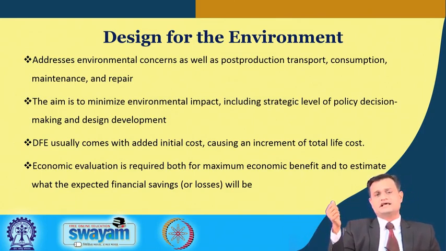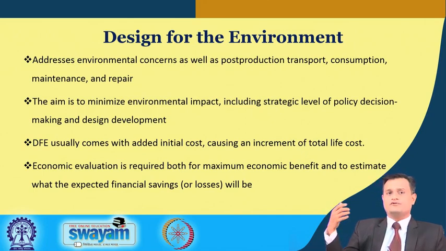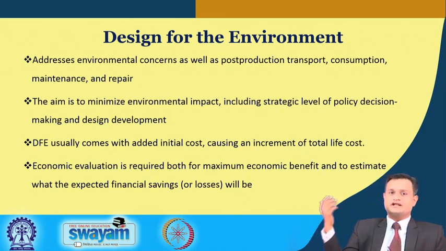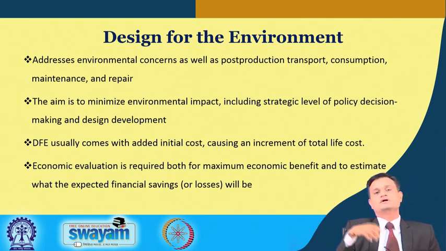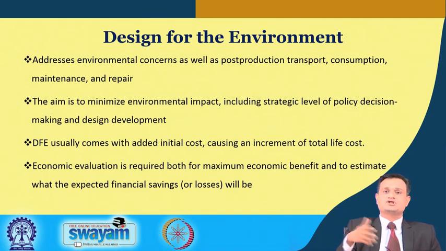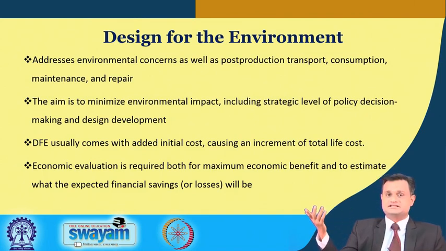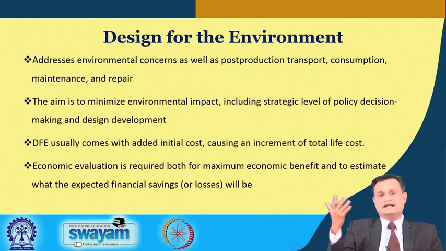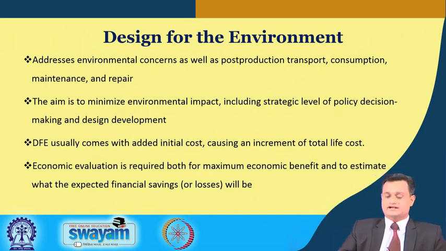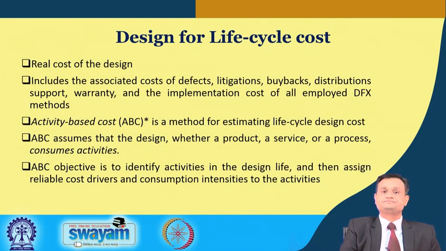Many times you want to opt for process modification, you want to use a different chemical, you want to launch a new product, and you have to take the permission of many government agencies in order to satisfy the environmental regulations and requirements. So these issues also need to be catered to at the design stage.